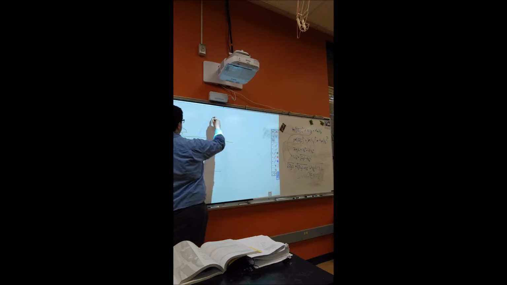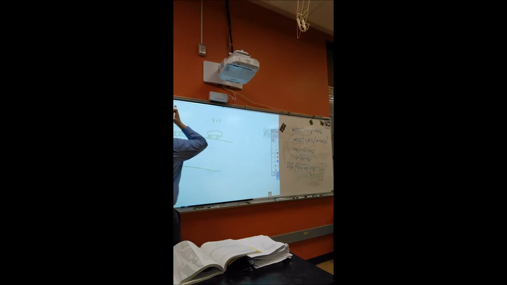Let's say this one is initially at rest, v equals 0. The other has v equals, we'll say, 2 meters per second positive. All right? We'll call this car A, car B. They collide elastically.